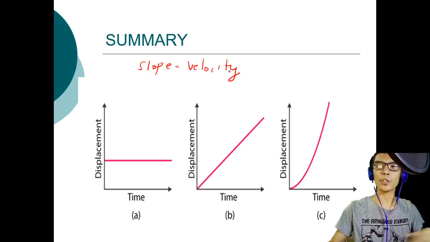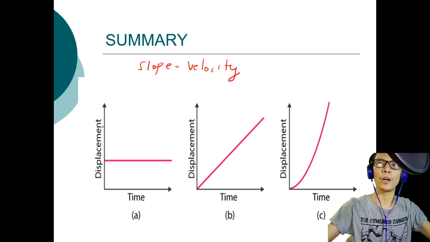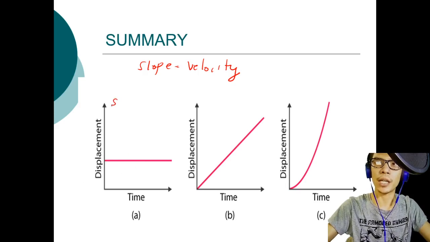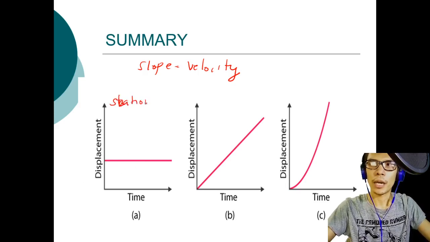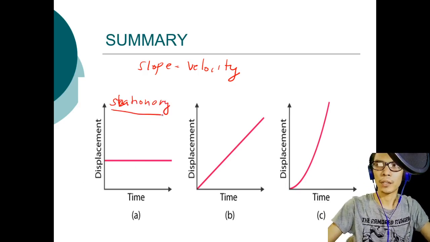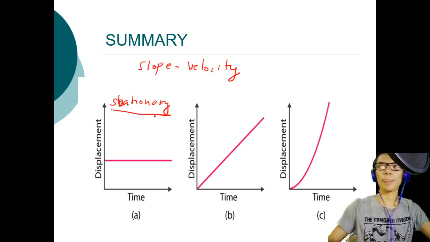Let's take a look at this graph. What does it mean? A flat line displacement, the one that you have right here, tells us that the object is stationary. The object is at rest.